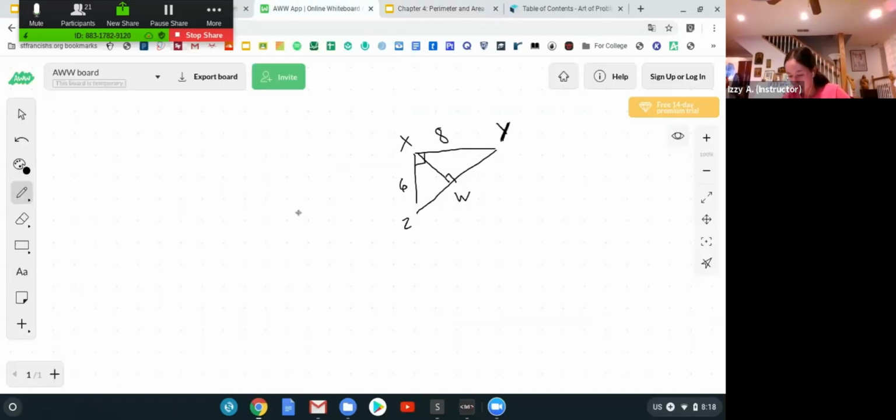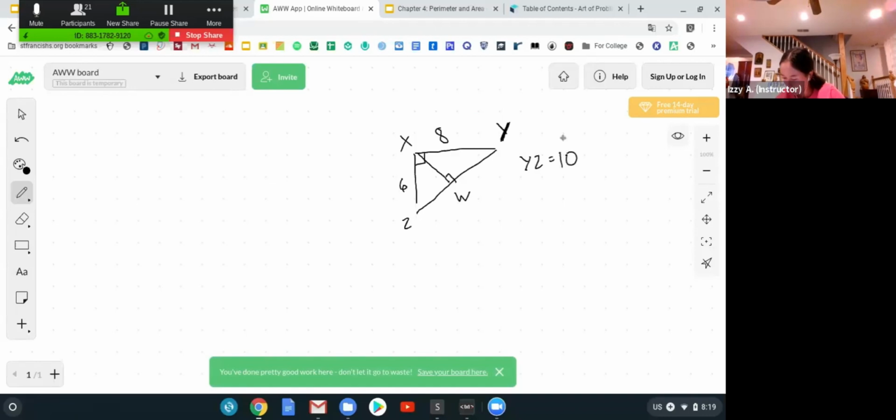Basically, we want to find the length of XW, and we also know that ZY is equal to 10. So I'm just going to put 10 on the side here, YZ is equal to 10.